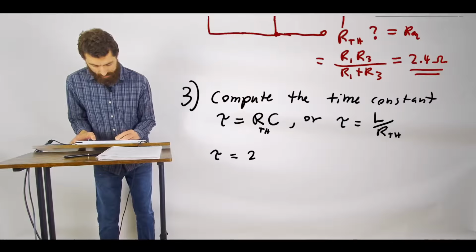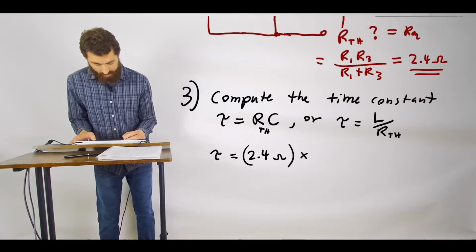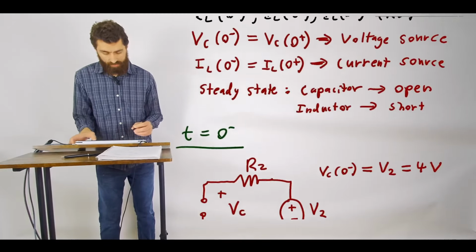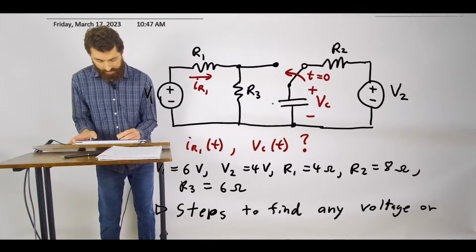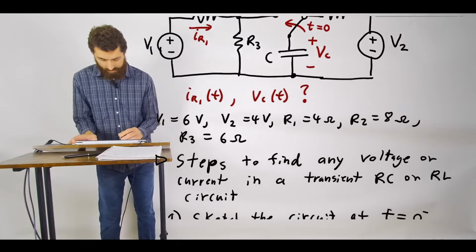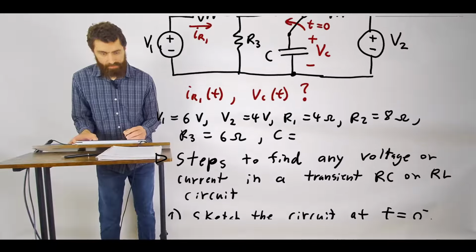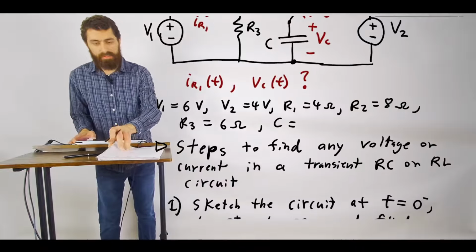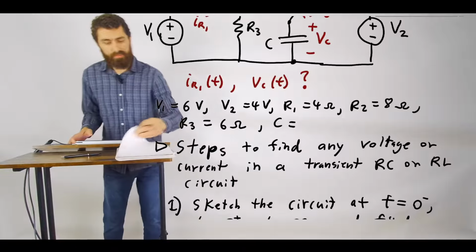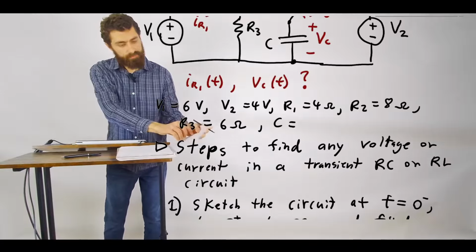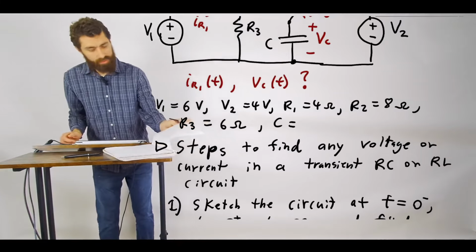tau is going to be equal to 2.4 ohms times, and let's see, I might have forgotten to give the capacitance value here. So C, I think in my notes I set C equal to 0.13.